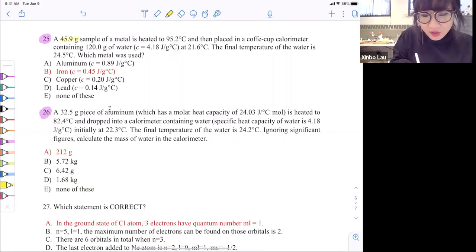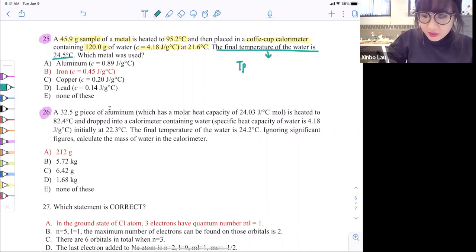So 45.9 grams of metal heated to 95.2 is placed in a coffee cup calorimeter containing 120 grams of water. The specific heat capacity and the initial temperature are given, and it says the final temperature of the water is 24.5, as we said, right? So we know that's hidden information.